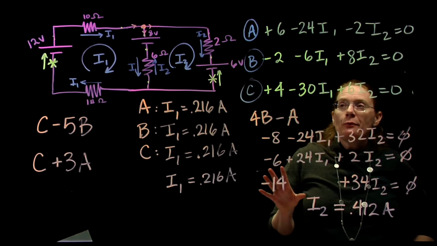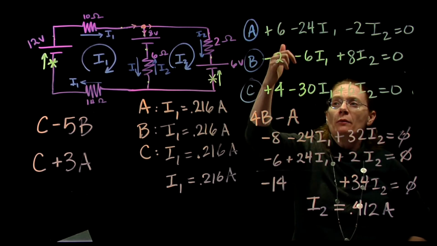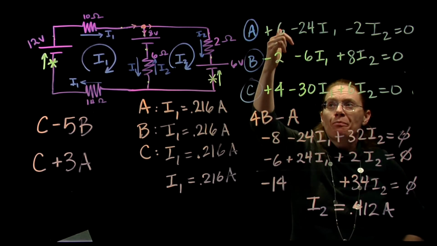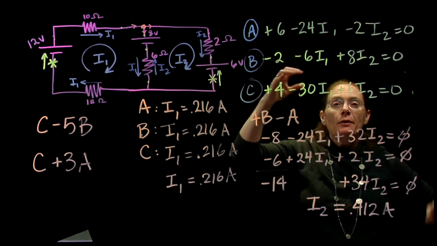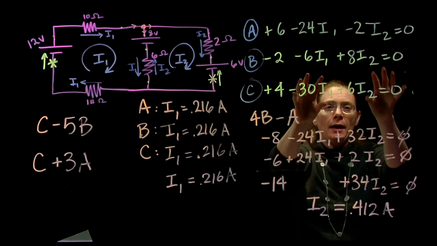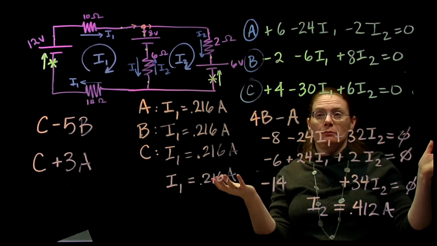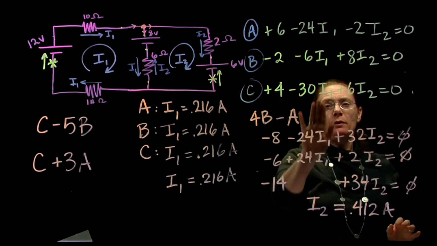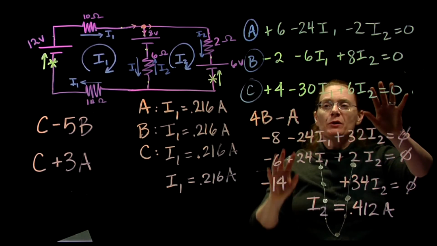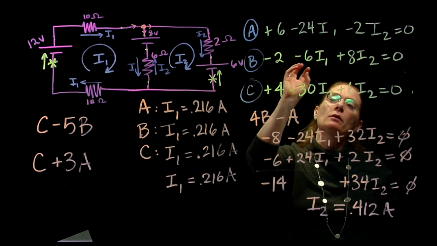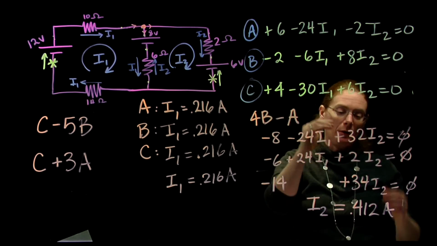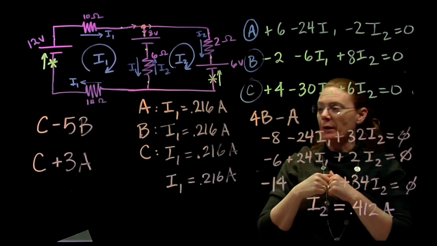The only thing to be careful of is you don't want to get rid of the pure numbers, because then you're left with an equation of I1 and I2. It doesn't help you at all. We need to get rid of either I1 or I2 so that we're left with a pure number and one of the variables, so that we can end up figuring out what the number is.